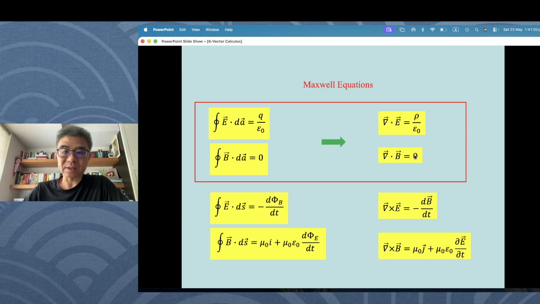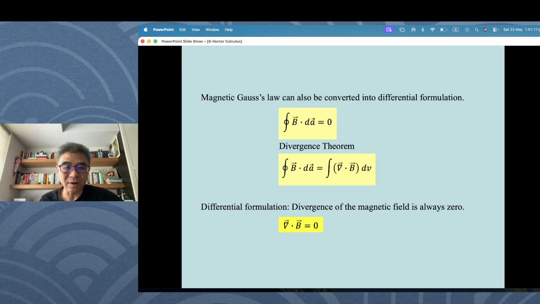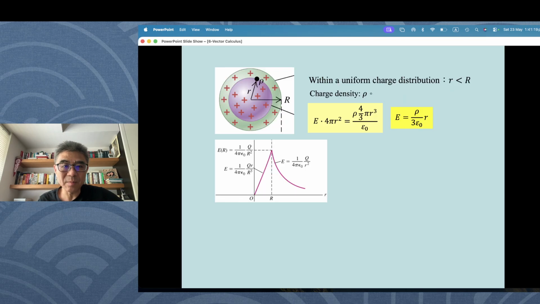That's the second. So we convert two of the Maxwell equations, those related to the surface integral, into a differential form using the divergence. That's the essence of our calculation here.